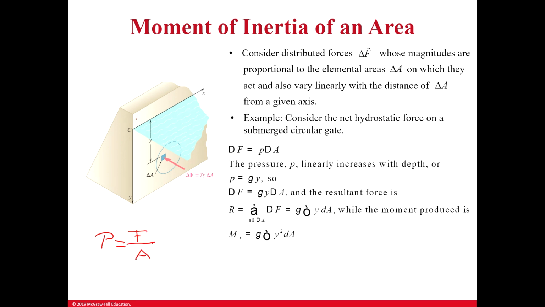Let's assume that we have a wall and there's water touching or against the wall. In this case, for instance, let's say that the distribution of all the forces, delta F, is equal to the pressure that we get here, which we know by now is rho g h, and this term, the density times the gravity, is also called gamma. And h obviously is y, right? Because here we have the height in the y direction.